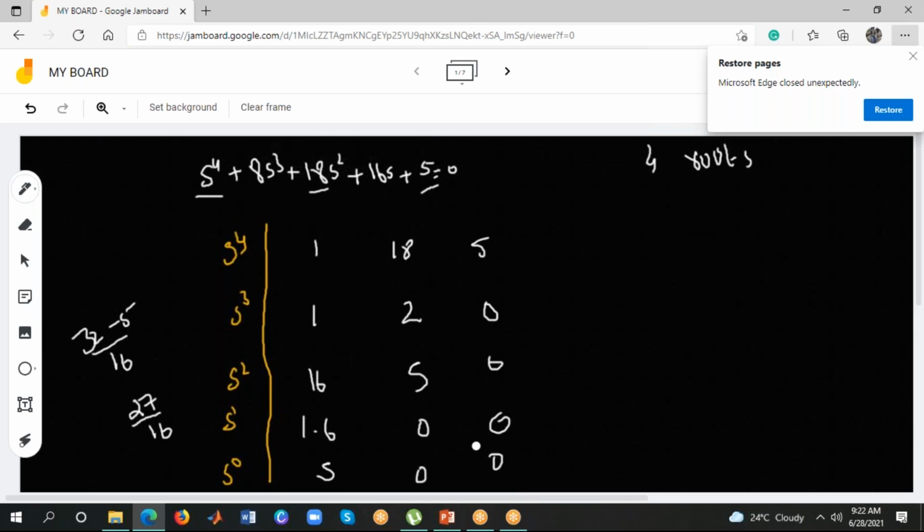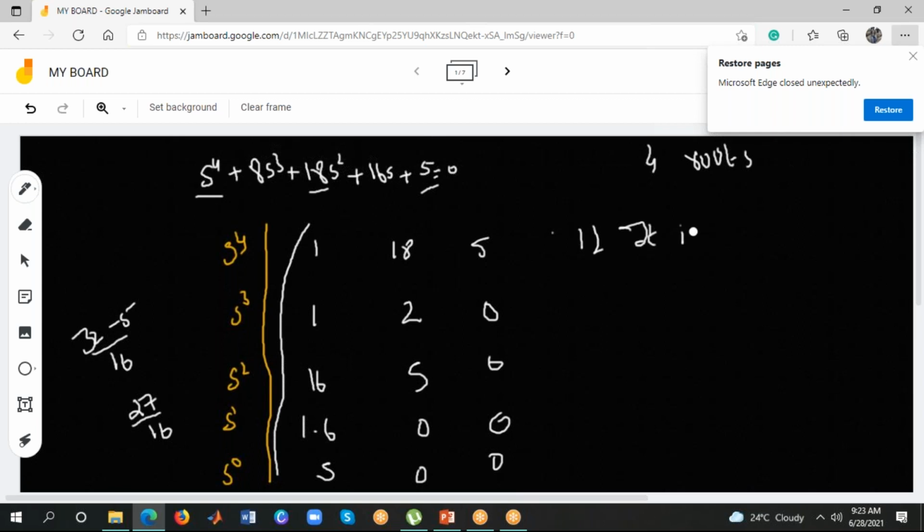So what is the question they asked? Find the location of roots. So you can observe this first column, there is no sign change. So this is the comment you can write. The first comment is it is a stable system.